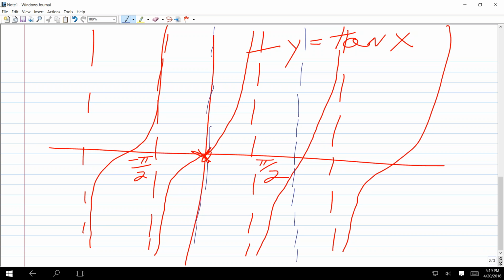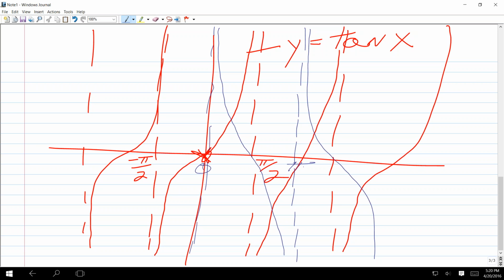And sine is 0 at 0. Looks very similar to tangent, only it's an always decreasing function, like that. And it goes between 0 and pi.